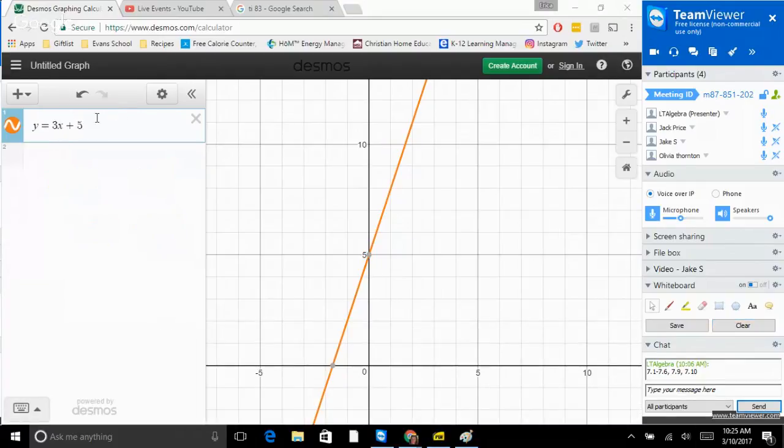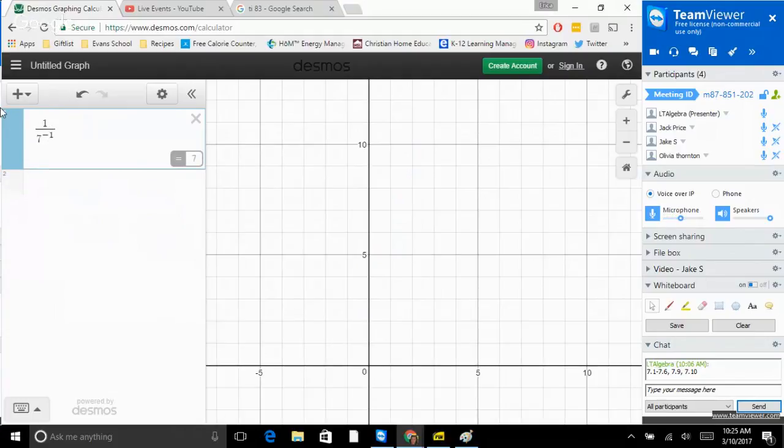So you'll be seeing a lot more of Desmos. And one thing, let's see, if I do 1 divided by 7 to the negative 1 power. Oh, there you go.